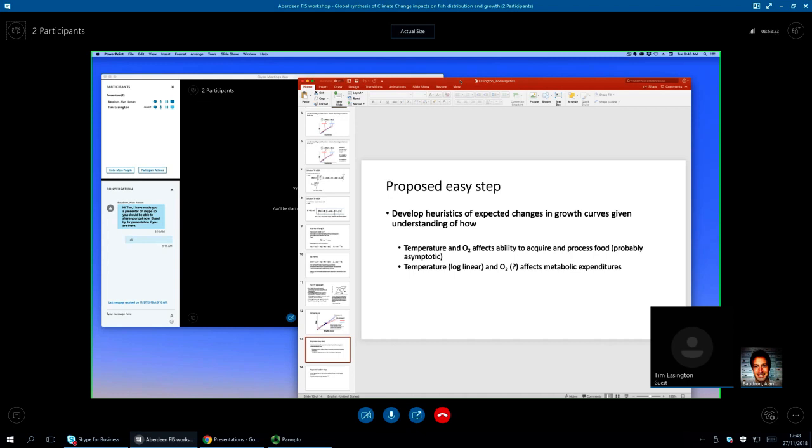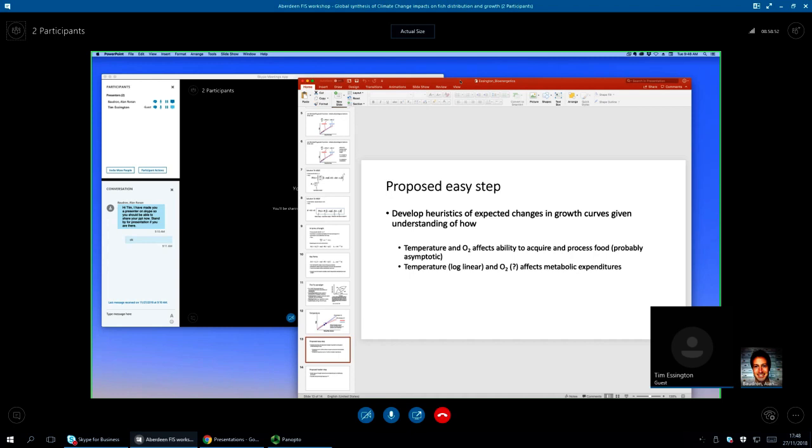But I guess I'm thinking of it for a different purpose. I don't want to understand everything. I just want to do one thing, and I want to project growth for different temperature regimes. And ideally, I'd like it to be as generic as possible. So there could be some trait-based component of a model, so that you could then apply it more throughout the fish community rather than tailor it just for one species.